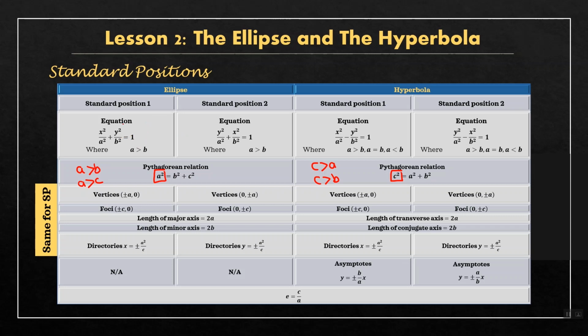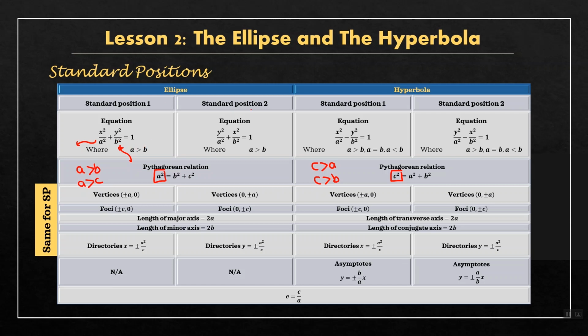Look at this. If it's an ellipse in the first standard position, the equation should look like this: x squared over a squared, where we find a from the vertex, plus y squared over b squared, where b is found from the Pythagorean relation, is equal to 1. And you should always notice that a squared is bigger than b squared, so a is bigger than b.